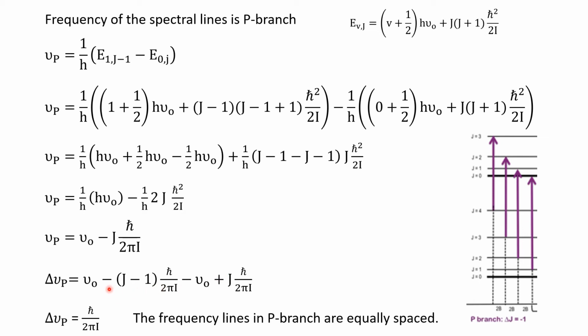The right one is at higher frequency, so we have to subtract the left one from the right one. If we do the simplification, the difference between the two frequency lines is equal to h-bar divided by 2πI. This is independent of the value of v or j, which means that the spacing between the frequency lines is the same.